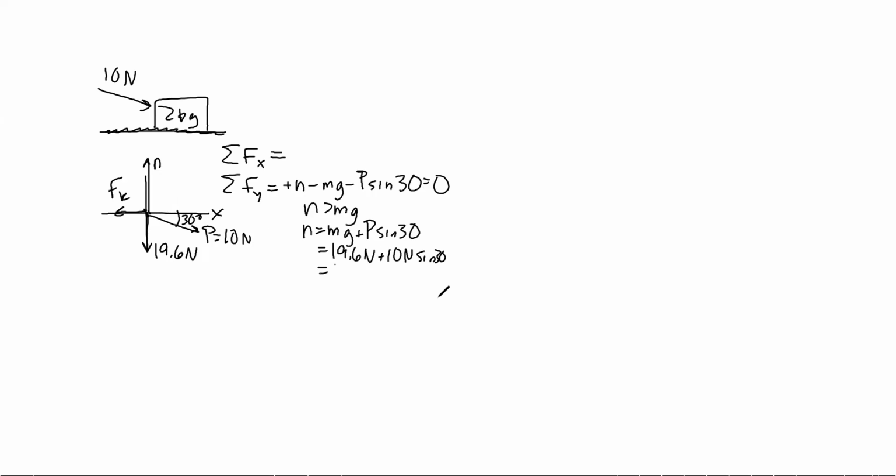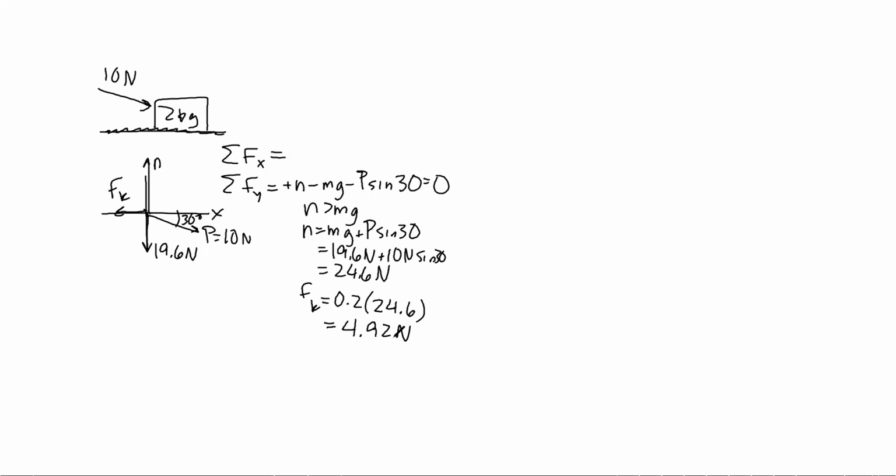So add 5 to this, we get 24.6 newtons. What does that make the friction force? The friction force is still 0.2, the coefficient doesn't change, times 24.6, which is 4.92 newtons. That looks right.